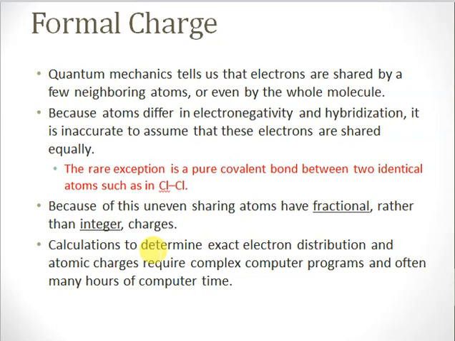And why the electronic density is important for us, because on the basis of this electronic density we decide if the atom is electronically deficient or if it's electronically rich.